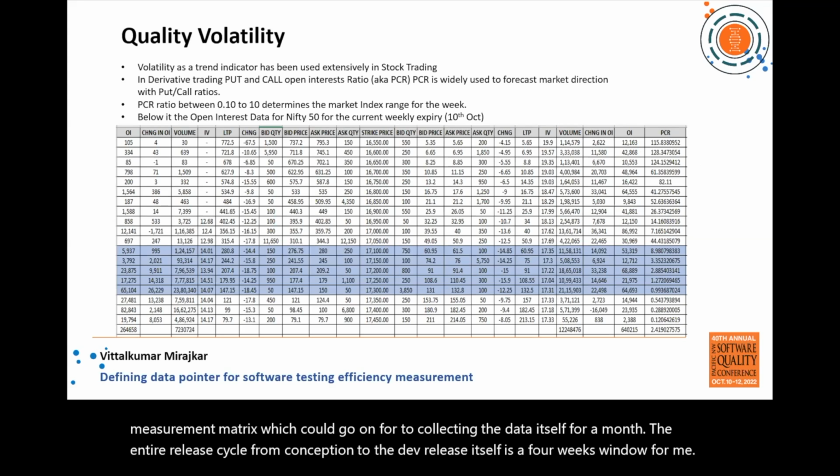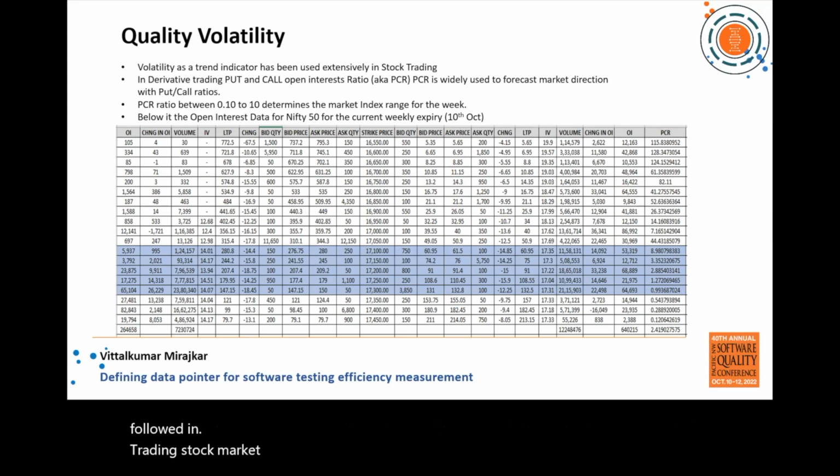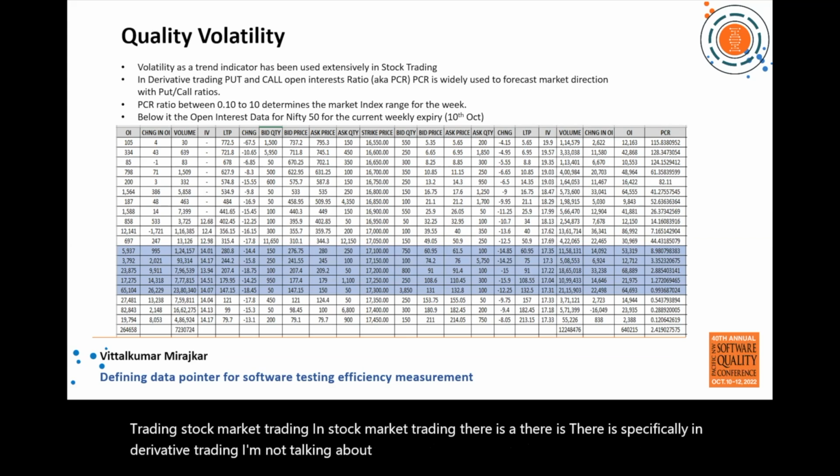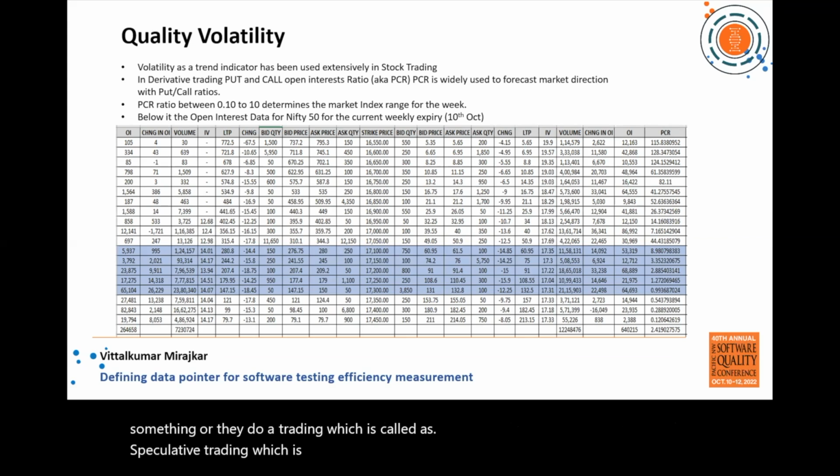So to measure quality, we came up with a concept which is very similar to what is followed in stock market trading, specifically in derivative trading. I'm not talking about equity. In derivative trading, they do what is called speculative trading, where you gauge whether the index or a specific share of a company would go up or down.